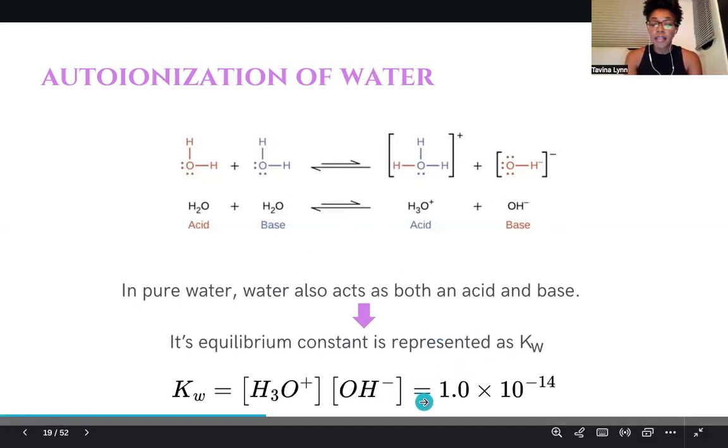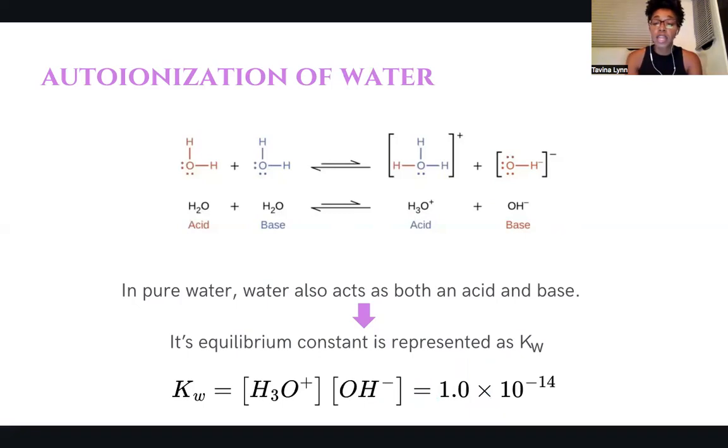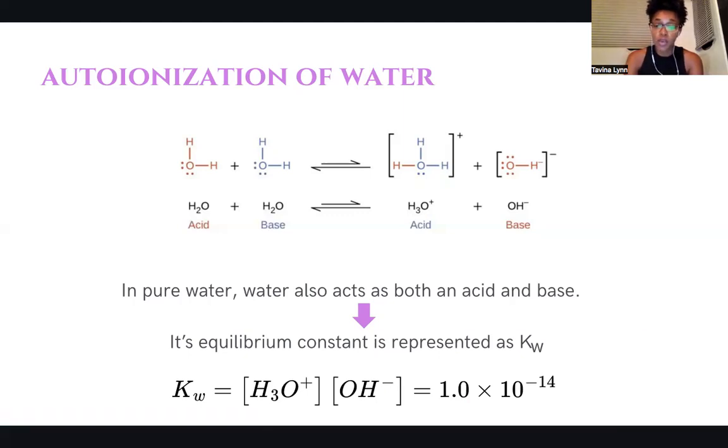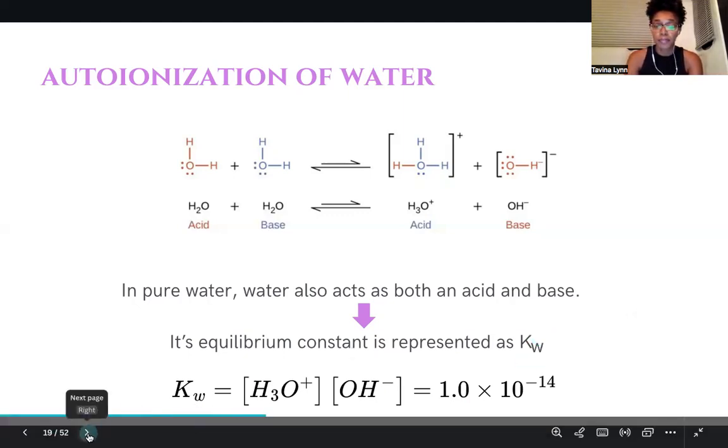The equilibrium constant is equal to 1 times 10 to the minus 14. So if we were to calculate the concentration of hydronium ions or hydroxide ions using this equilibrium constant, they are equal. Each of them equals 1 times 10 to the minus 7 molarity.